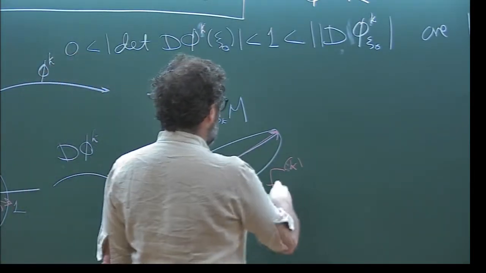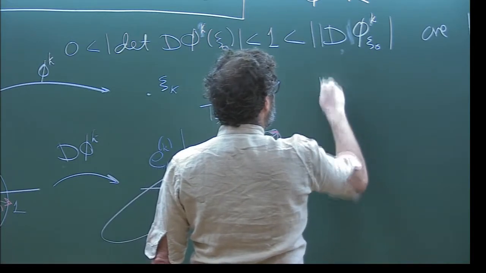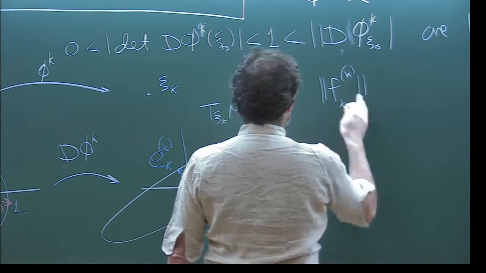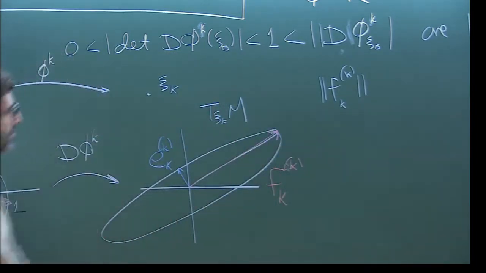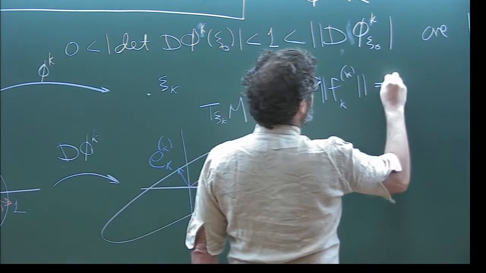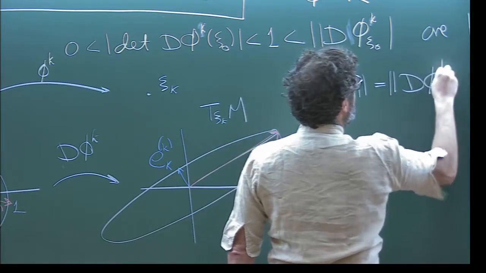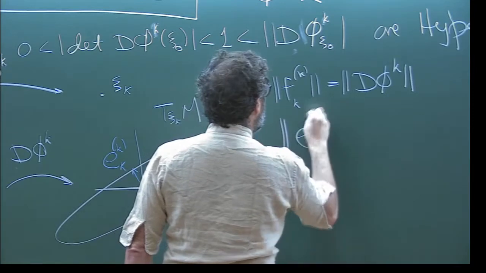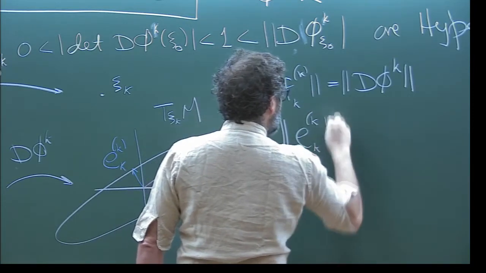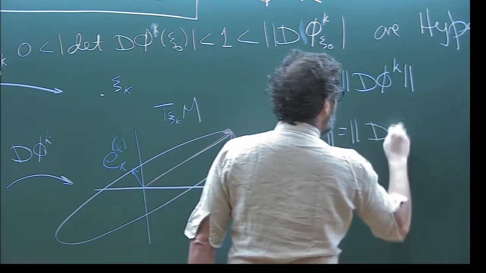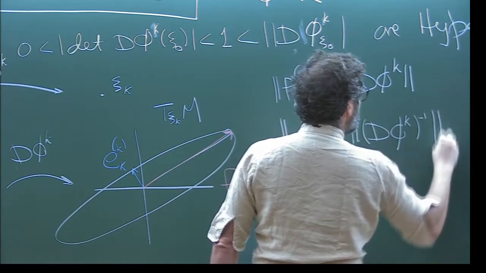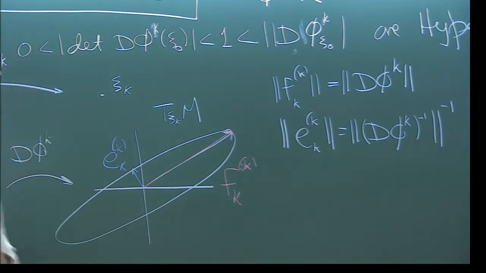And notice that, of course, the size of this is just the norm of the matrix, which is equal to the norm of A k. And in fact, again, if you just think about it a little bit, this is just the norm of the inverse matrix, A k to the minus 1. This is the conorm. This is the most contracted vector.